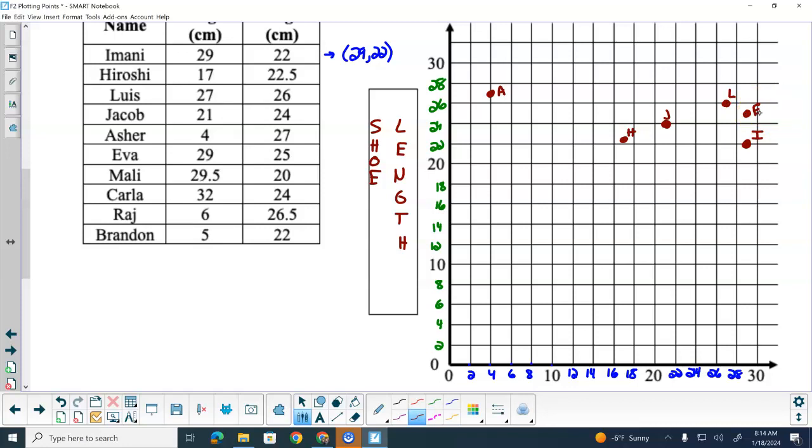Chloe, you got Mom. What's our horizontal distance? 29.5, right?